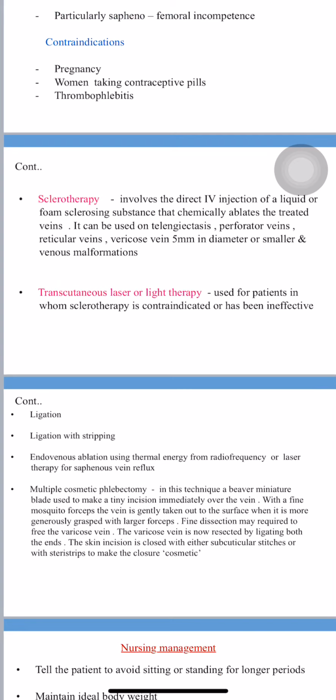The stripping operation is mainly performed on the long saphenous vein, since incompetent perforating veins are hardly found in association with the short saphenous vein. Stripping of the short saphenous vein can not only cause long-standing edema but may permanently damage the nerves.